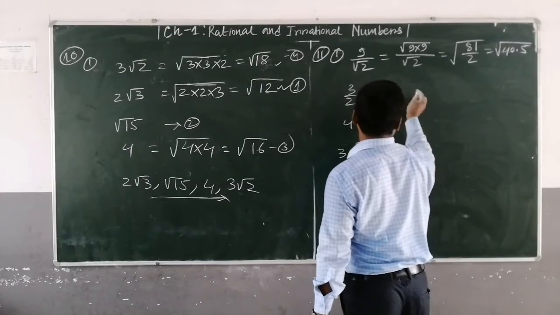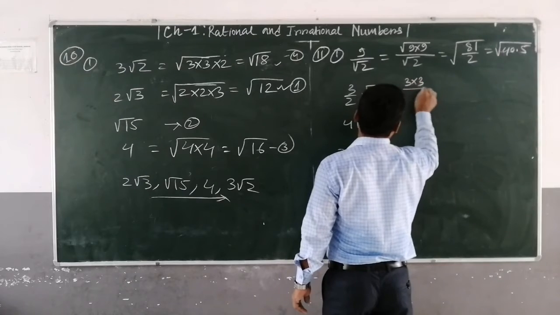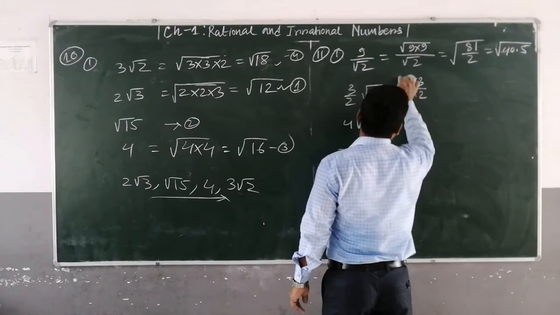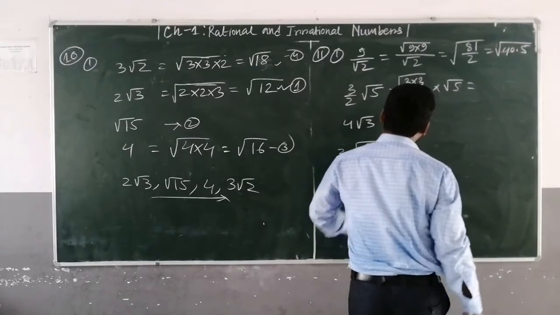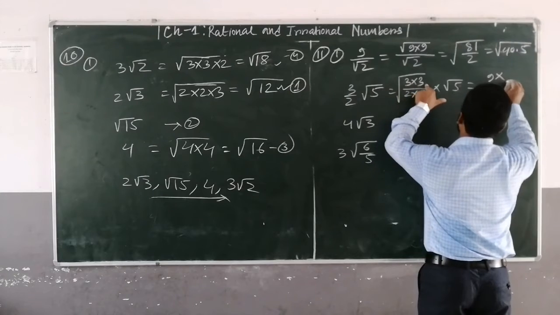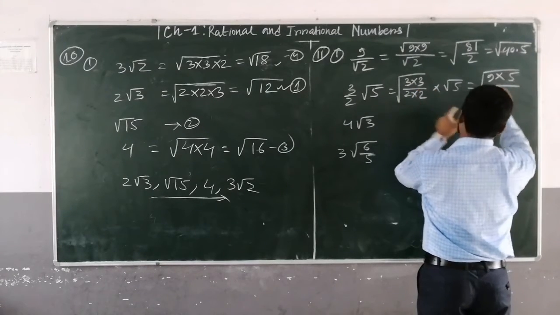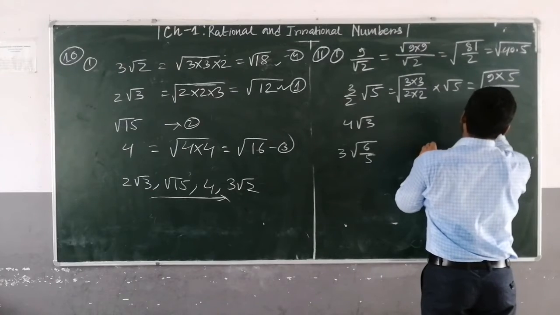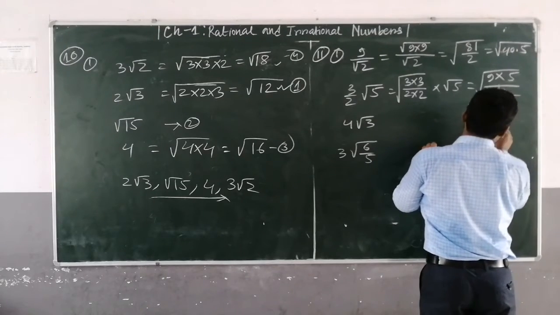And this is 3/2 times √5, so √(3×3 upon 2×2) multiplied by √5, so it will be 9/4 and 5, so √(9×5/4), that is equal to √(45/4).